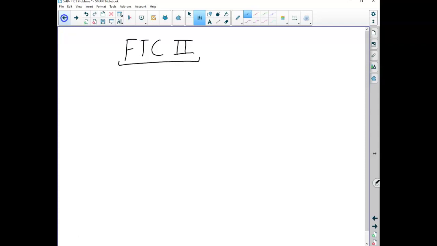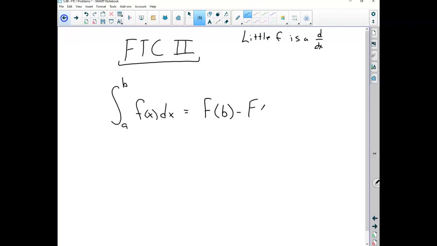And what Fundamental Theorem number 2 says is if I have the integral from a to b of little f of x dx, remember little f is a derivative of big F, okay? And that's going to equal big F evaluated at b minus big F evaluated at a. That's what we did.